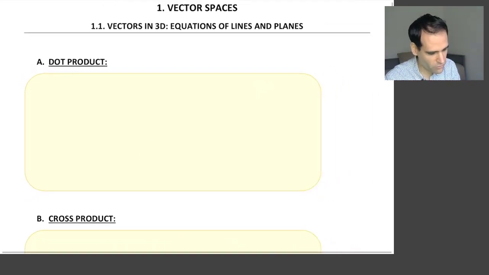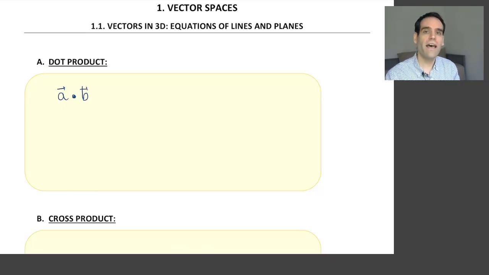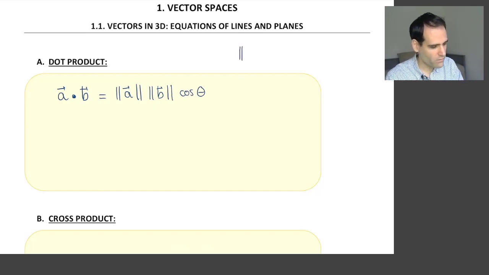So the dot product between two vectors A and B, this is a number, so the result is a scalar, which is given by the norm of A times the norm of B times the cosine of the angle between A and B. Now, when I say norm, and I use this notation for some vector V, this is the norm of V, and this is another way of saying the length of the vector.